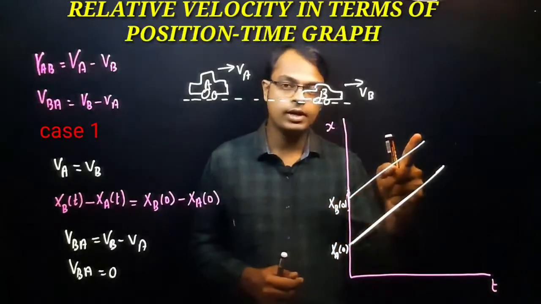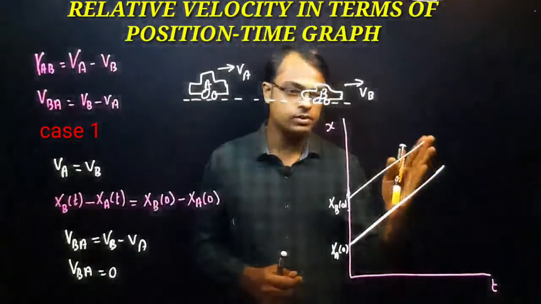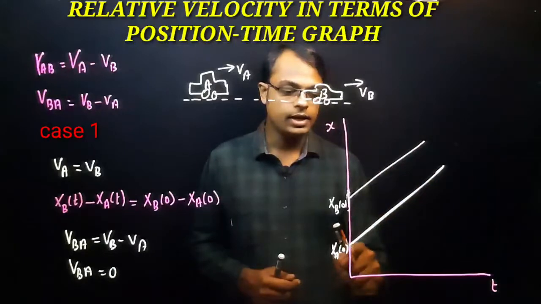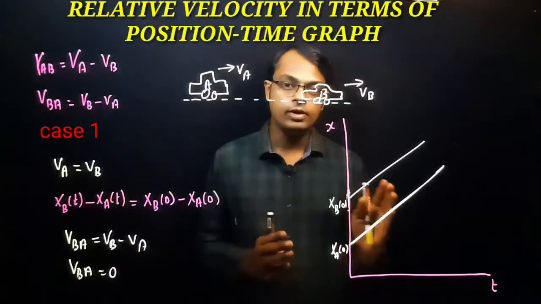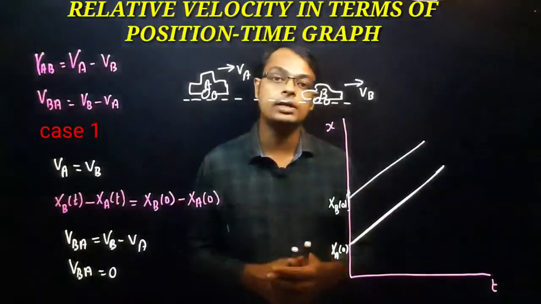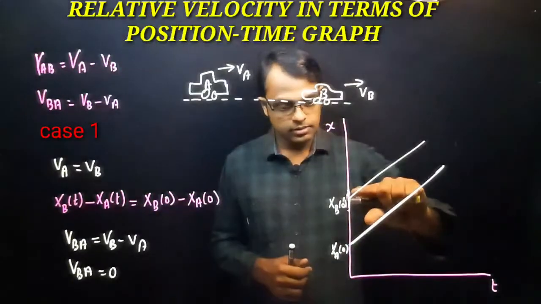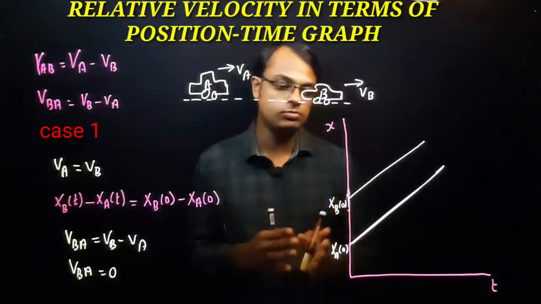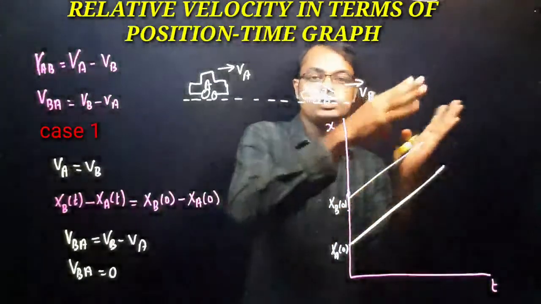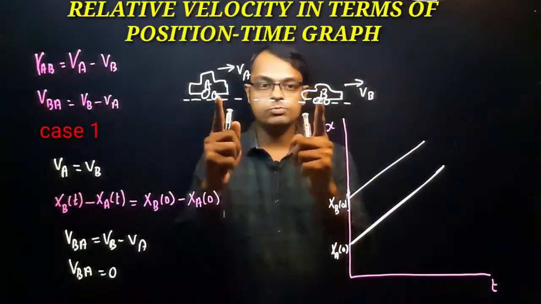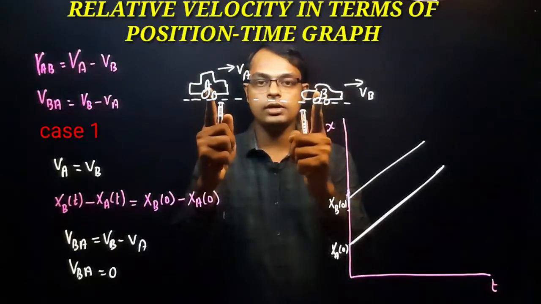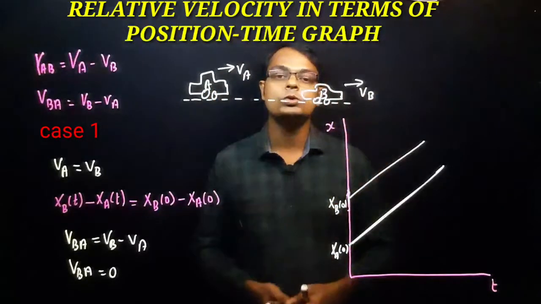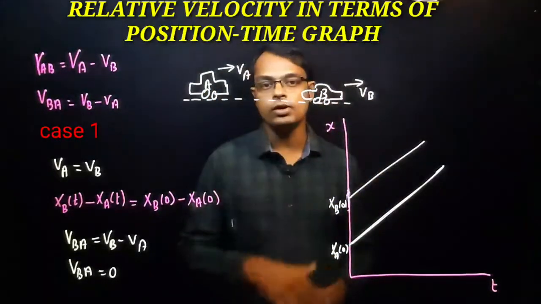After some time what may happen there? If you take another time here, XB of t and XA of t, here we can see both are equal. That means the distance between these two lines will never change. Both lines are parallel to each other. The meaning is that the displacement between A and B will never change because the velocities are equal.